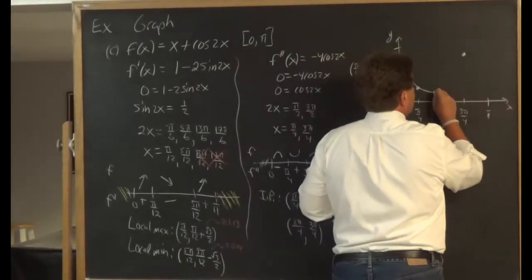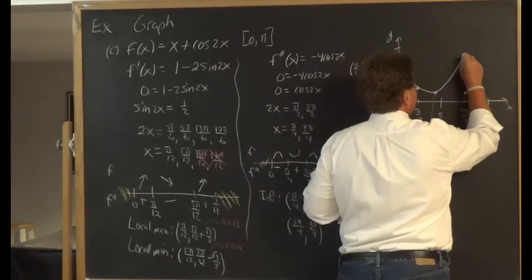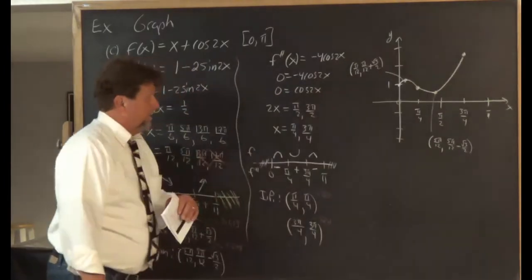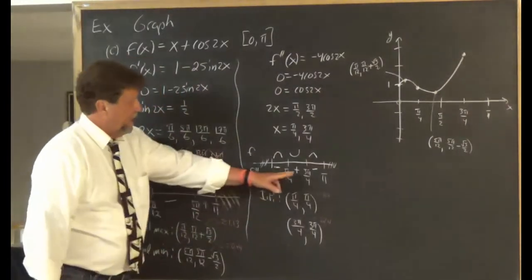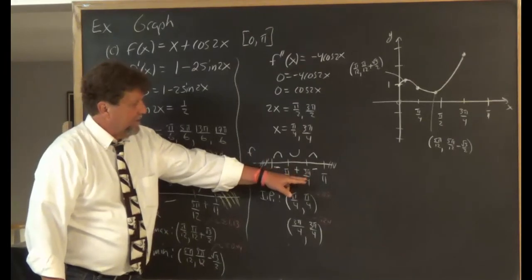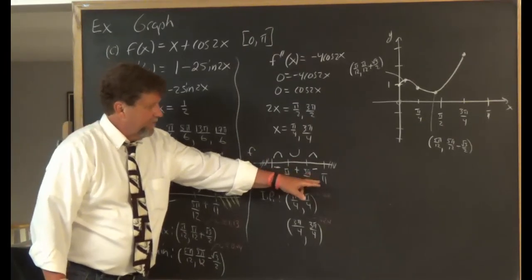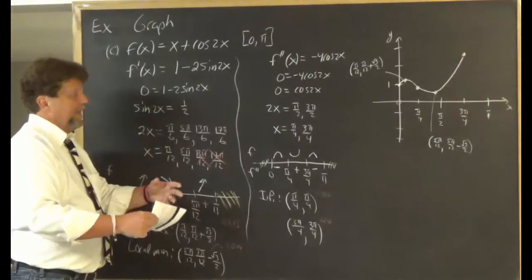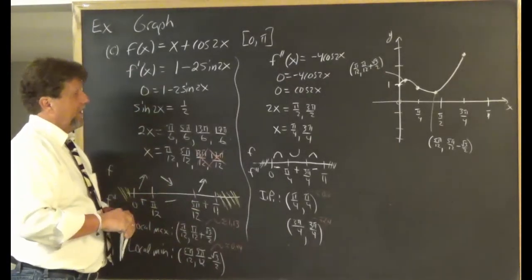So it starts to increase, and it's concave, well, it's still concave up. Now I have to finish it off. From 3 pi over 4 to pi, it's concave down. It's still going to be increasing, but it has to switch concavity.